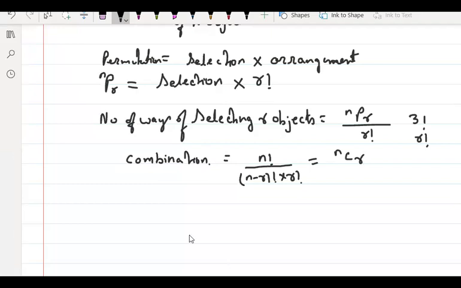So can I say NCR is equal to NPR divided by R factorial? C is the short form for combination, same as P. Can I do that? Yes or no, guys?